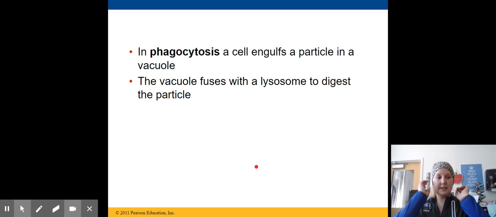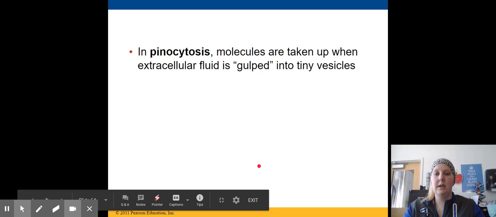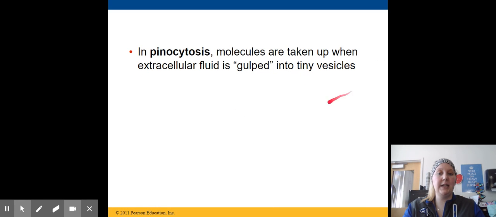In phagocytosis, our cell engulfs a particle into a vacuole, a food vacuole. Lysosomes then come in and either digest the vacuole or they digest the particle of food within that vacuole. In pinocytosis, the molecules are taken up from extracellular fluid and then gulped into tiny vesicles, and then the lysosome will come in and break them down.